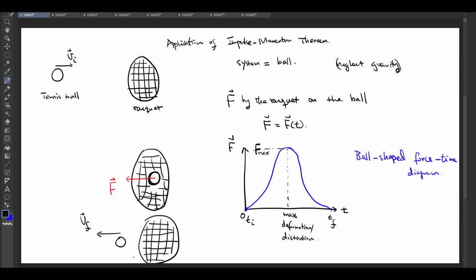Okay. Now in this case, these two velocities correspond to the initial instant and final instant. So how about we think about the process here, and we do not care about the intermediate process, this force changing with time.